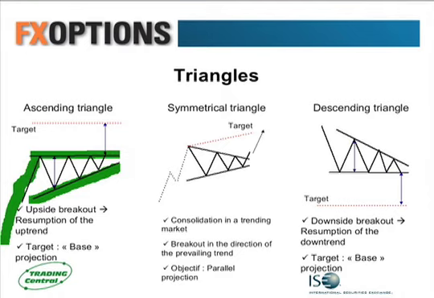The target is determined by the base of the triangle, and for having the target, you report the height of the base from the upside breakout of the ascending triangle.